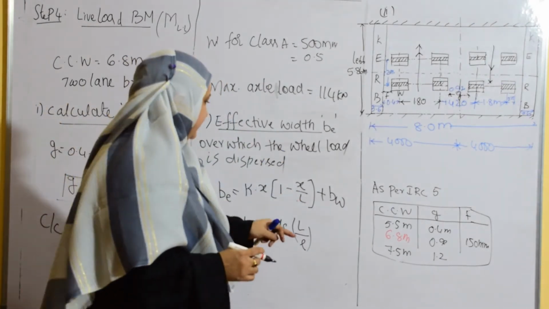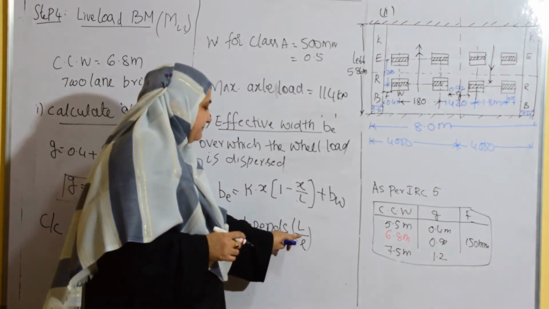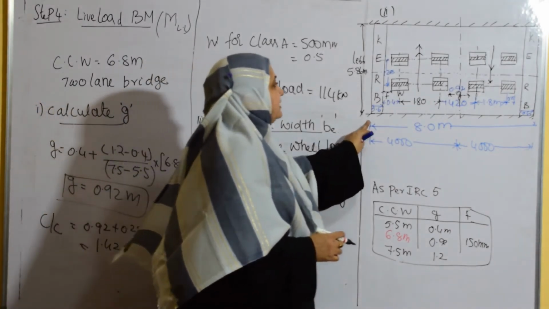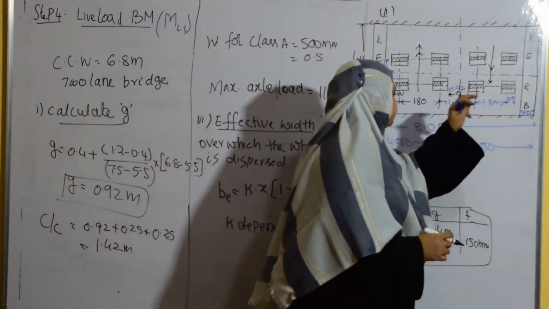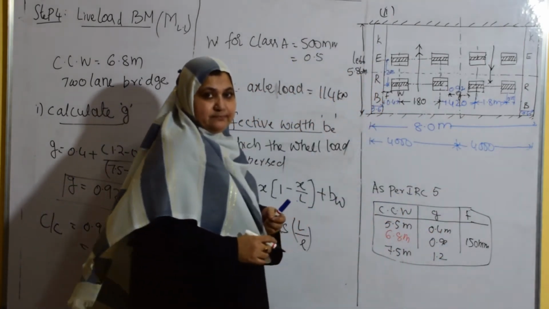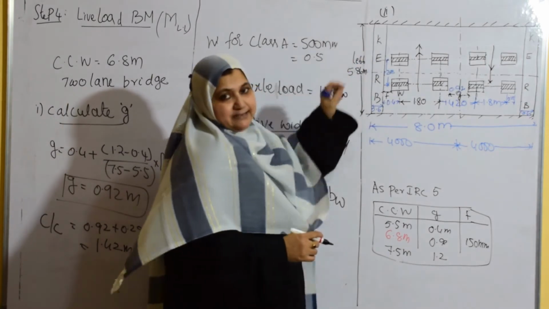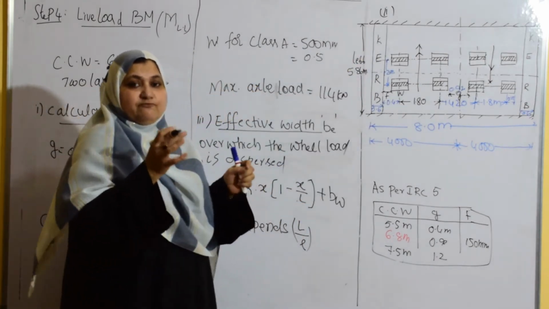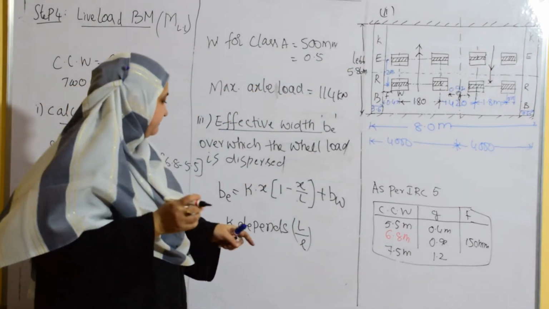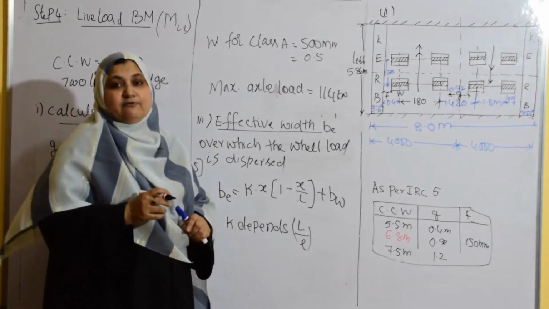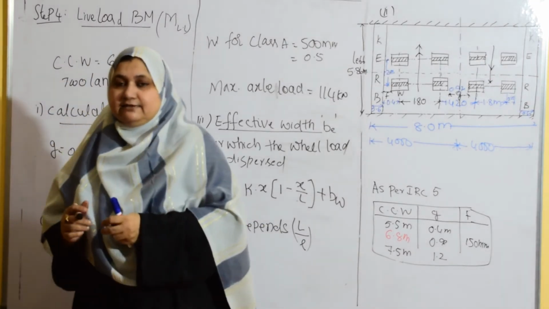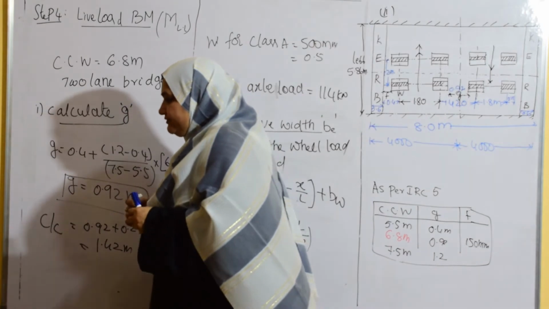What is this capital L? What is this small l? Capital L is the total width of the carriageway. Small l is the effective span. So according to the number you find, we get the value of K from IRC.